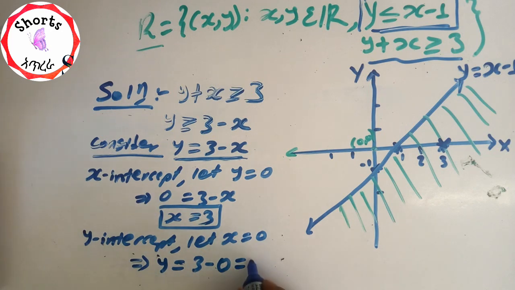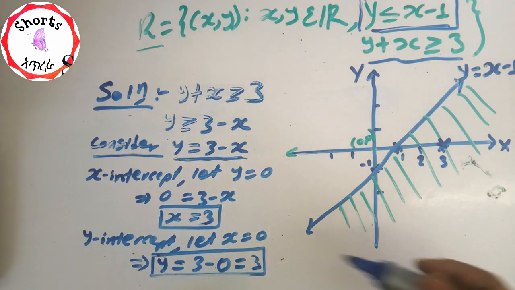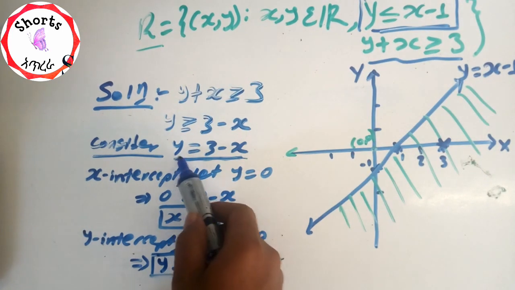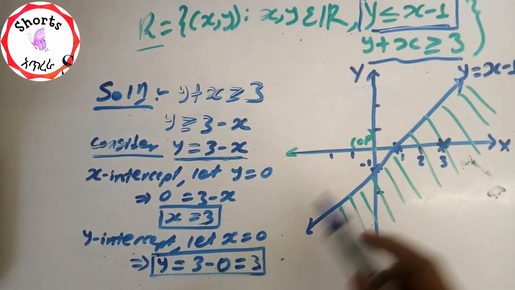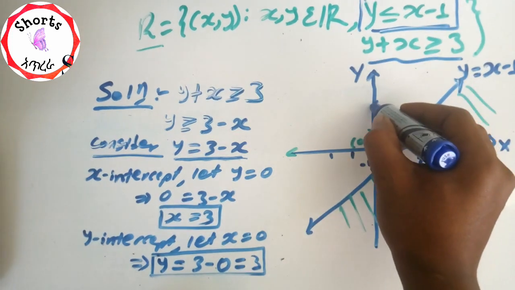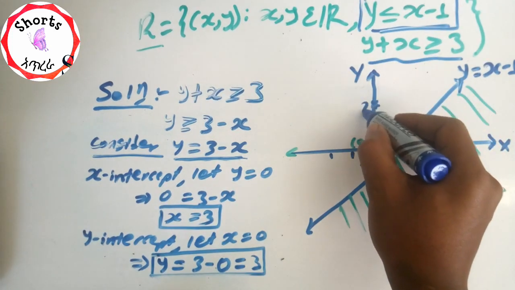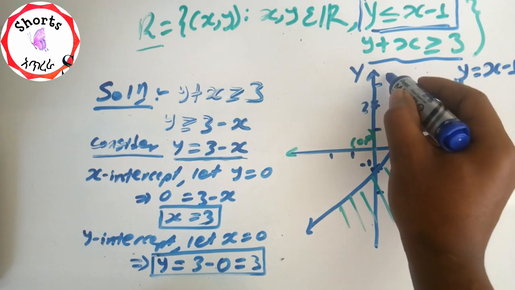This gives us y is equal to 3. The graph y is equal to 3 minus x touches the y-axis at y is equal to 3. This is 2. Let's take 3 here.